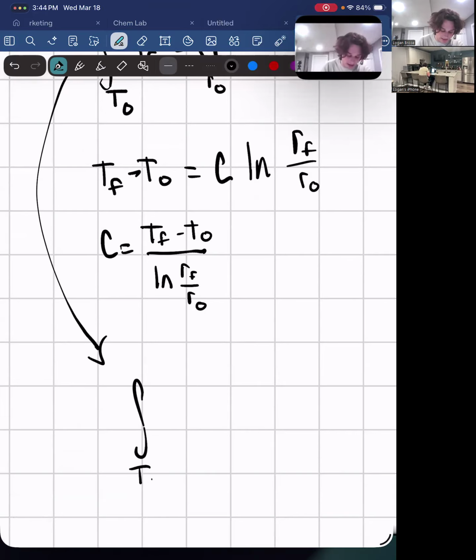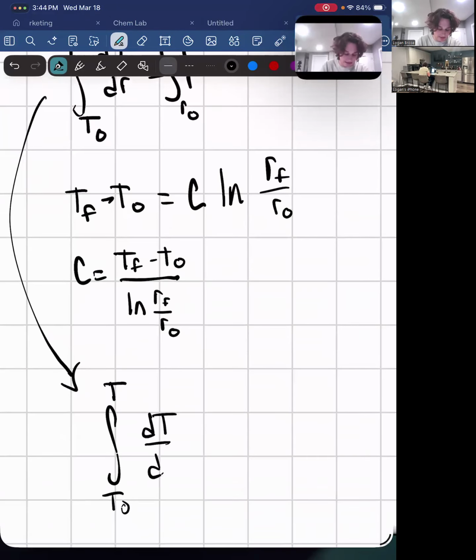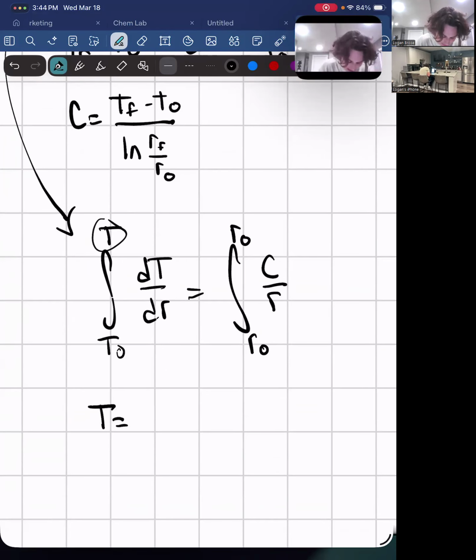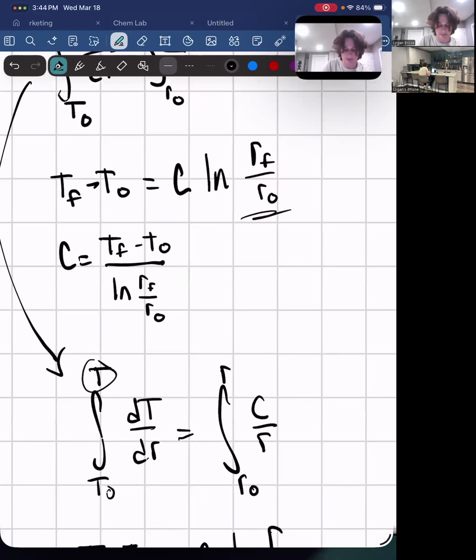So we have our T initial to T, of dT/dR equals, and then we have our initial radius, and then the radius at which this temperature is at, of our C over our R. That then makes this integral T, our temperature at the spot we're looking at, minus the initial temperature, equals our C times our natural log of R over R naught, using the same thing that we did up here.